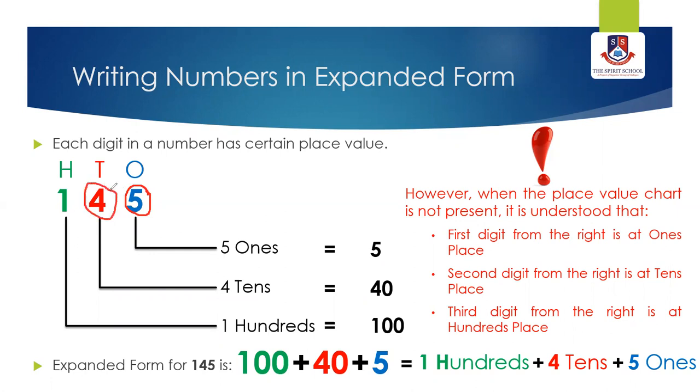Always and always, the second digit from the right is at the tens place, and the third digit from the right is at the hundreds place. So if you're not provided this place value chart, you have to remember this key point: the first digit from the right is at the ones place, the second digit from the right is at the tens place, and the third digit from the right is at the hundreds place.